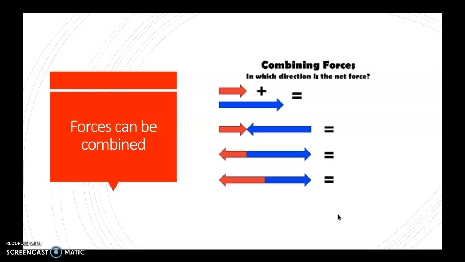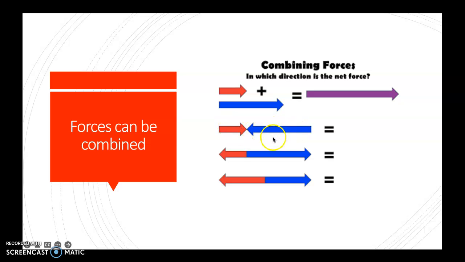Since forces are vectors, they can be combined with each other. And so the forces will also interact with one another, not just the objects. In this case, if I have two forces that are moving in the same direction, say two different people pushing on one object at the same time, their forces are going to combine to create an overall net force that is larger than the two individual forces by themselves.